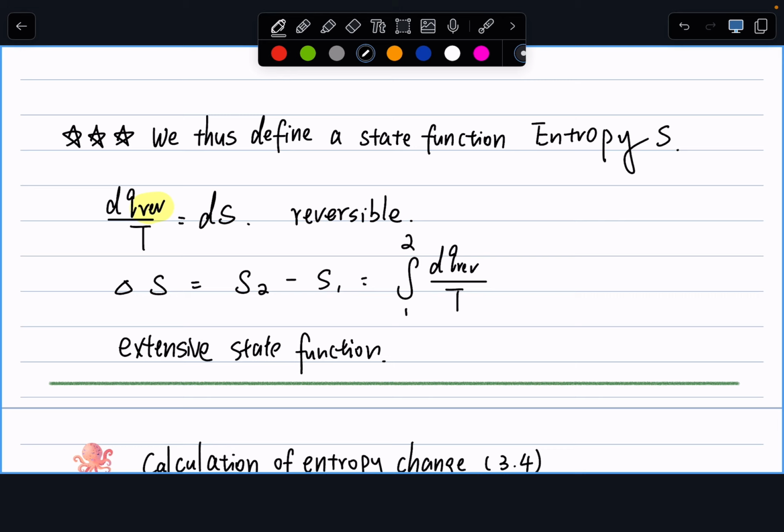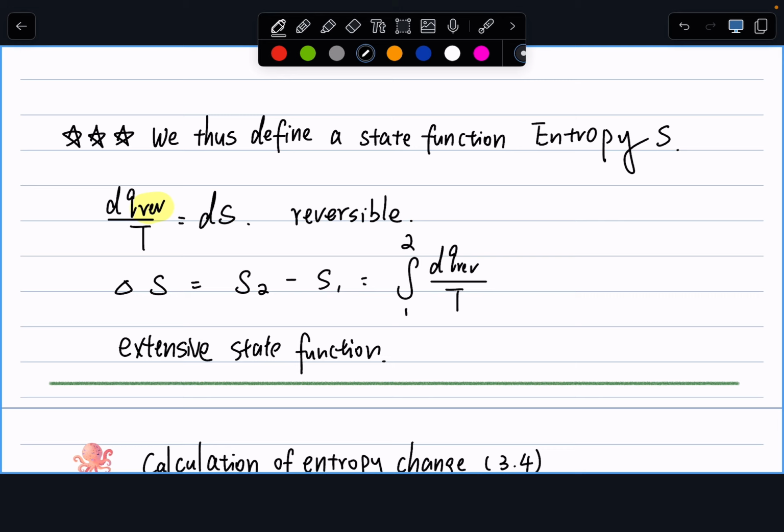First law of thermodynamics, we have defined our internal energy, right? Delta U equals Q plus W. And in our second law of thermodynamics, we used it to first prove that a reversible heat engine is the most efficient one. And by studying a reversible cyclic process or Carnot cycle, we find there exists some property dQ over T whose cyclic integral vanishes for a Carnot cycle.